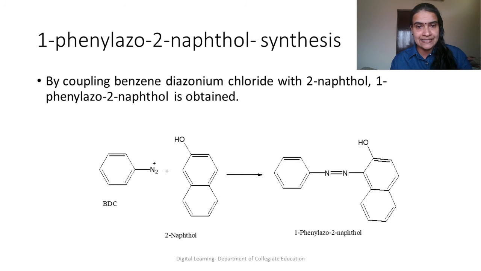Coming to the second example, where 2-naphthol, beta-naphthol, is combining with benzene diazonium chloride to form 1-phenylazo-2-naphthol, where at the second position there is an OH group, and the carbon atom at the first position will be combining with the nitrogen atom of benzene diazonium chloride to form 1-phenylazo-2-naphthol. The reaction can be shown in the slides.